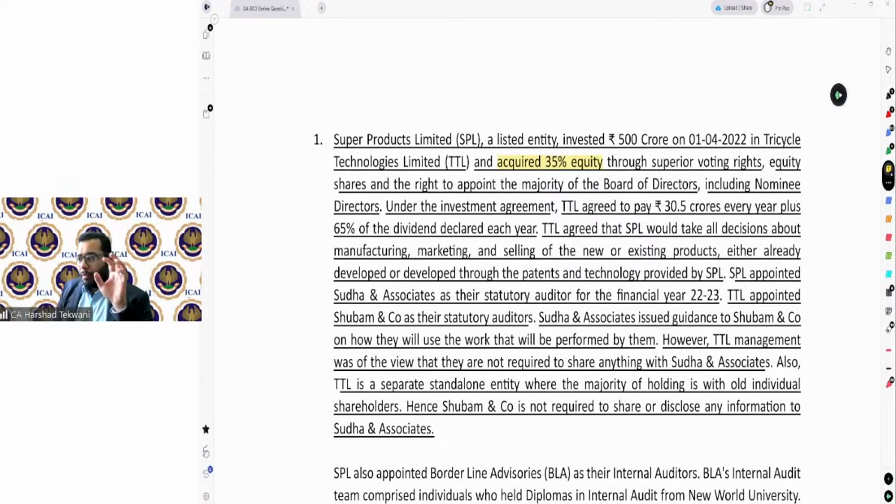I understood the facts, Namrata, but these facts should be referred somewhere. Like, for example, I'm referring from the Companies Act, or from Ind AS.